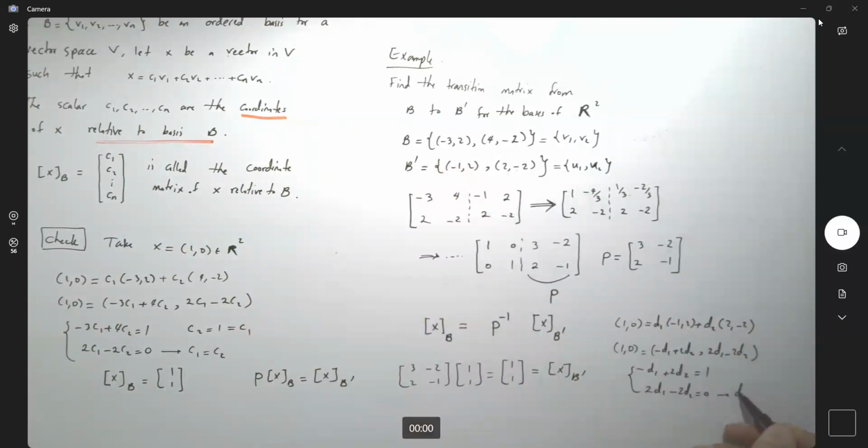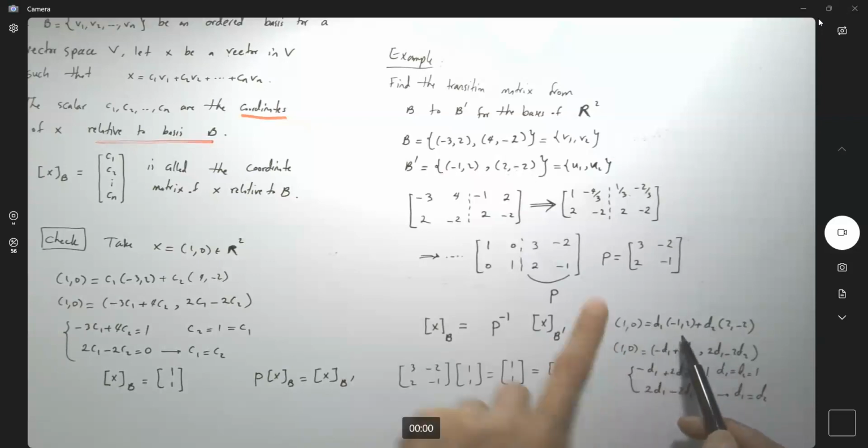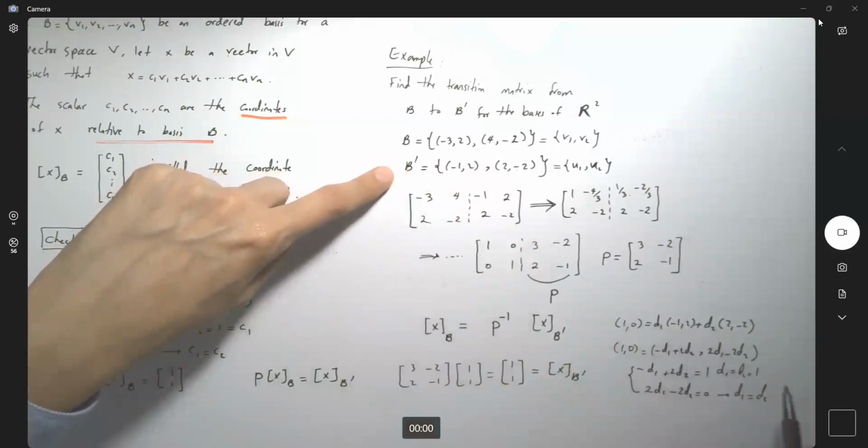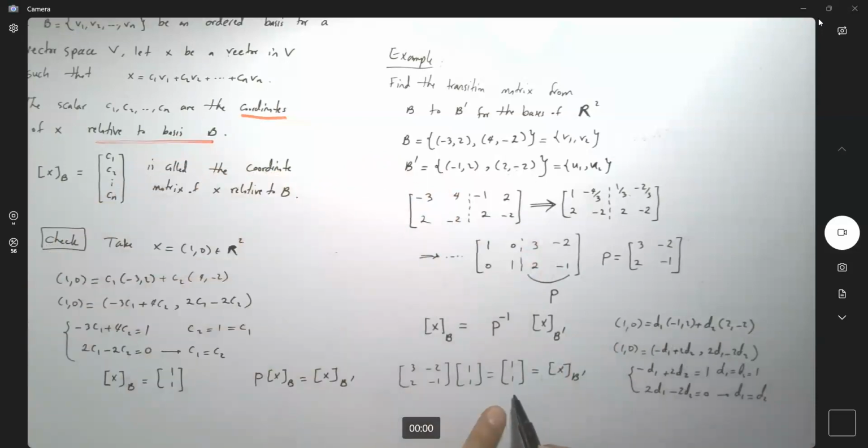So d1 is equal to d2, and d1 equals d2 equals 1. So if I find the coefficients of the linear combination for vector x with respect to elements of B prime, it must be (1, 1), which is the same as here.